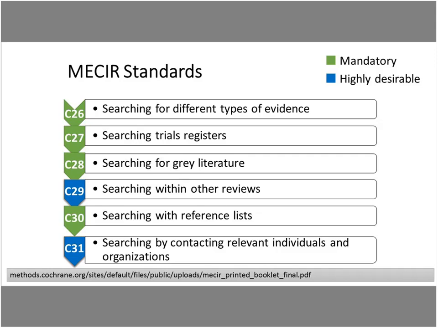And they differentiate between mandatory and highly desirable. Looking at trial registers, the gray literature, searching relevant reviews, the reference lists, and even leading to contacting individuals and organizations. So we talked some about that as well last time.